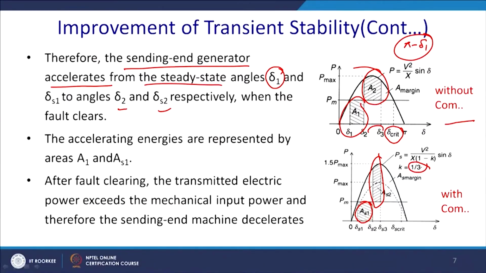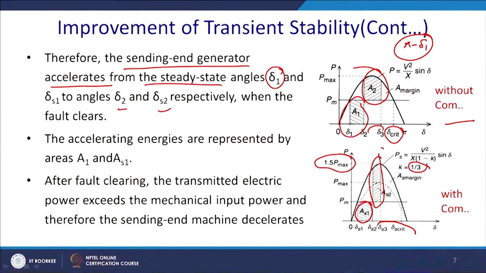Let us assume that this value k equals 1 by 3, and thus the transmitted power handling capability increases by 50%, so 1.5 per unit. For this reason you can see that a huge area is available for the deceleration, and thus a huge gap remains for critically clearing the faults.